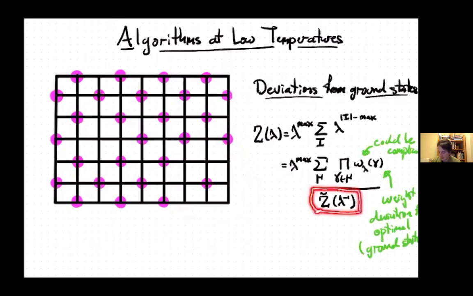We have this z tilde of lambda inverse, which is everything other than this part here. And we want to say, can we compute Z tilde? If we can compute Z tilde, then we can approximate the partition function.